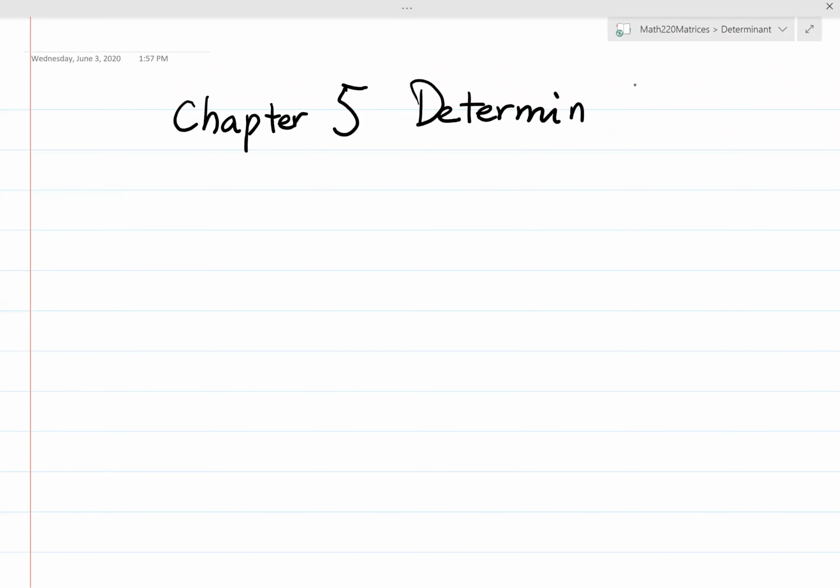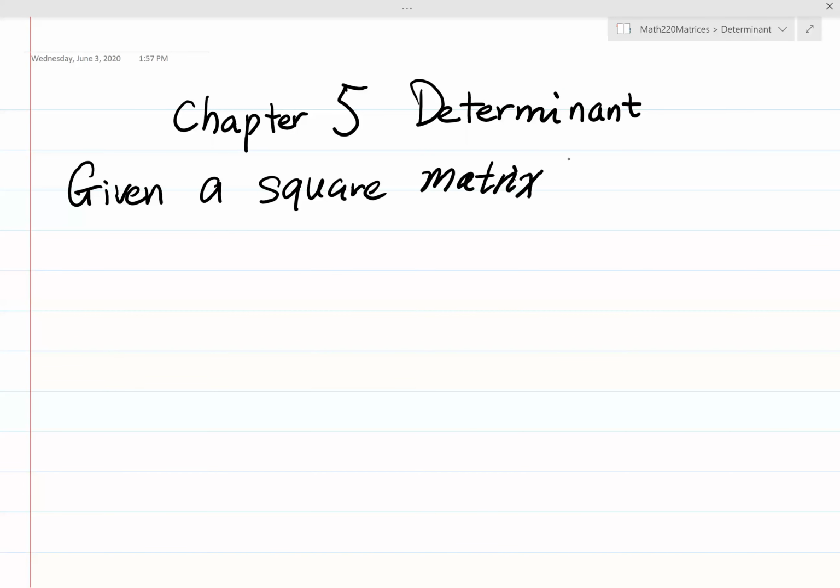Suppose we have a square matrix A. Remember, a matrix gives us a rule: you plug in a vector and output a vector.